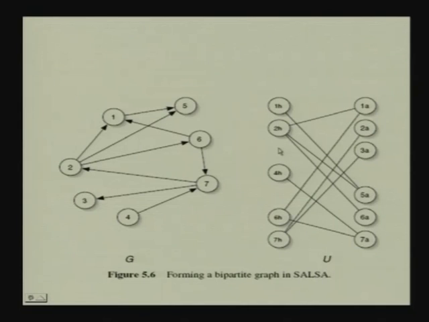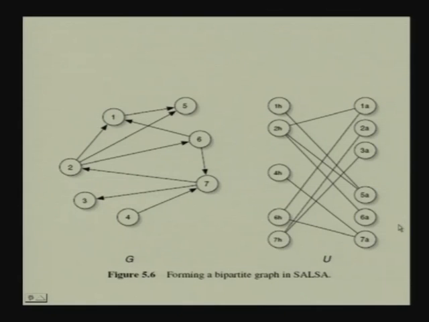If it is disconnected, your eigenvectors will not be unique, the stationary distribution will not be unique. To make it unique, they enforce that the graph is connected. Nodes which do not have outgoing links can't be in the hub place, and nodes which do not have in-degrees can't be in the authority space. I think 4 does not have any incoming link, so 4 is not there here.